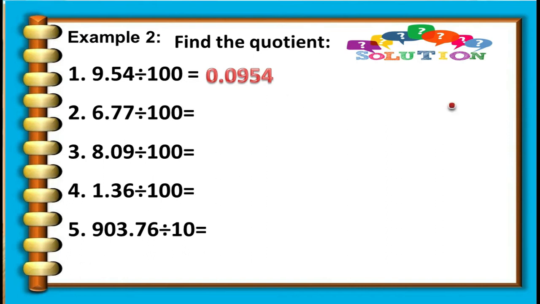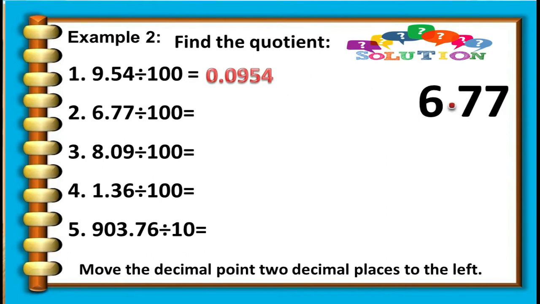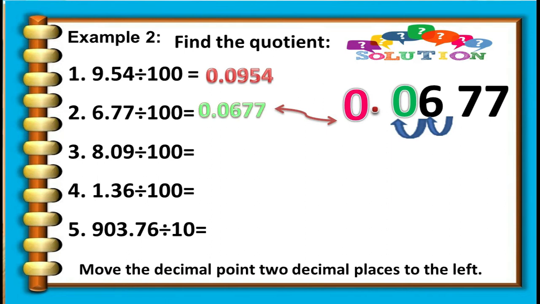For number 2, 6 and 77 hundredths divided by 100. We are going to move the decimal point 2 places to the left: 1 and 2. Here is the decimal point. Write 0. The answer is 677 ten-thousandths.